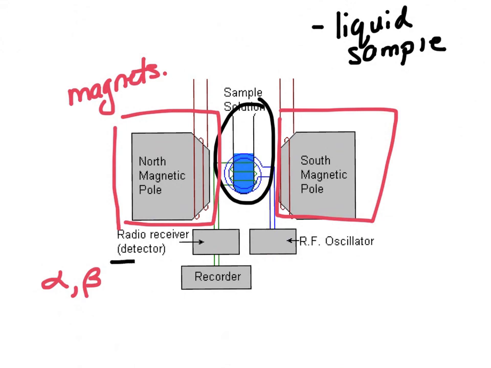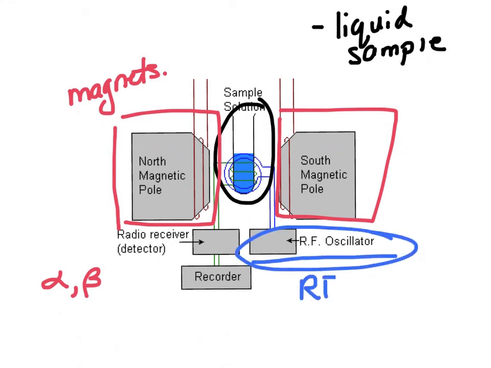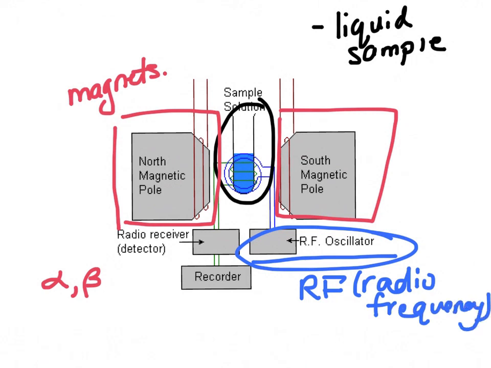Then here you have your RF pulse that you add, the radio frequency. This is going to switch or flip the alphas to the betas.